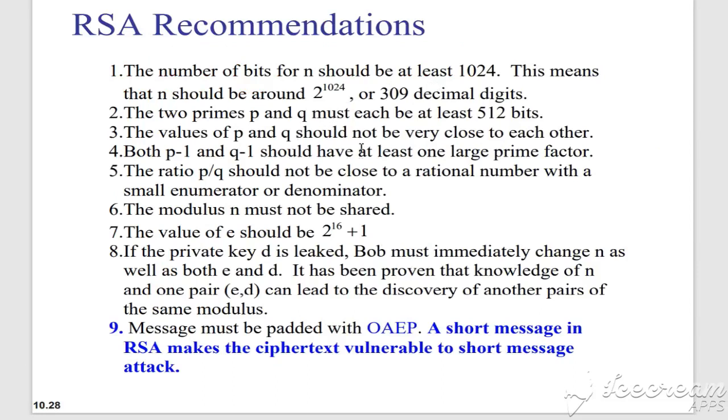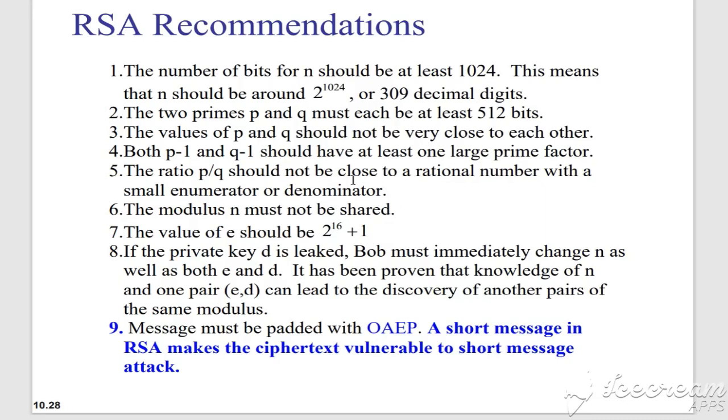And there are the following recommendations for using the RSA algorithm. The number of bits for n should be at least 1024, and in decimal format it should be 309 digits. When choosing the prime numbers, they should be at least 512 bits long, and p minus 1 and q minus 1 should each have at least one large prime factor.